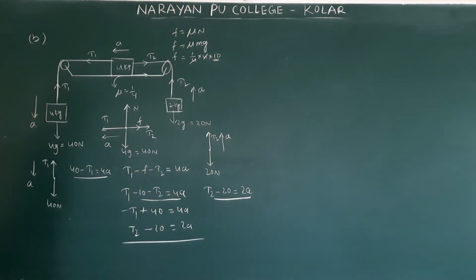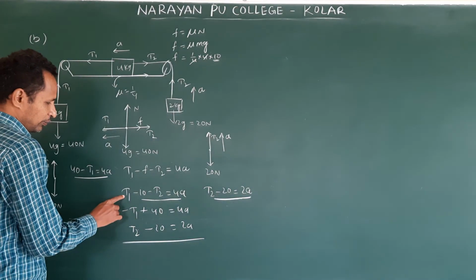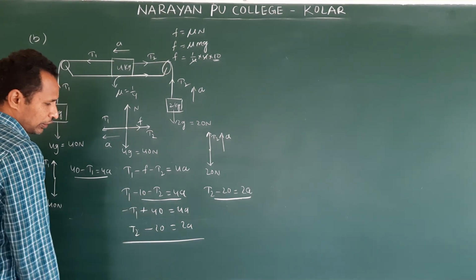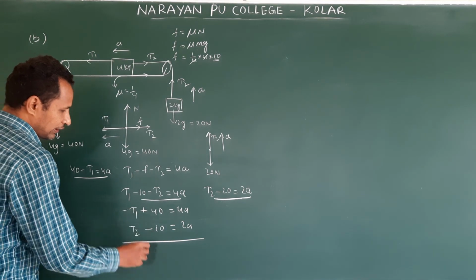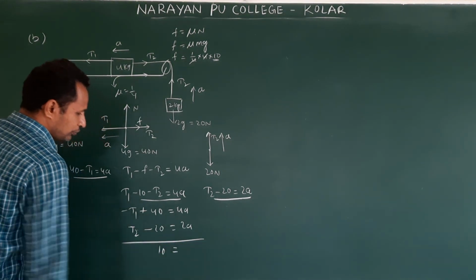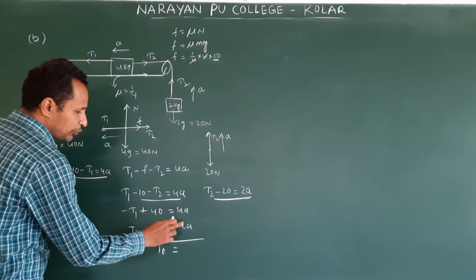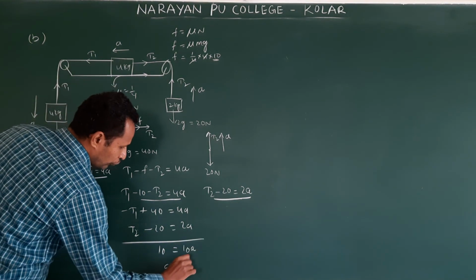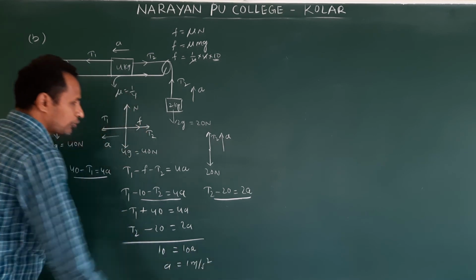Add these: minus T1 plus T1 cancel, plus T2 minus T2 cancel. Clear? 40 minus 30, 10, is equal to 8 plus 2, 10A. So A is equal to 1 meter per second square.